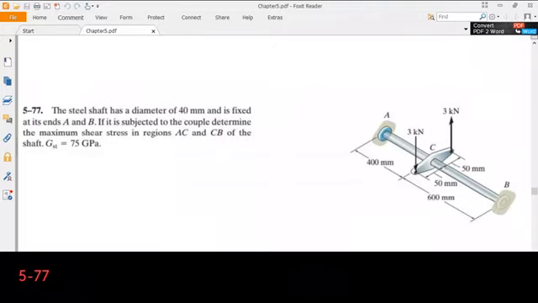Then we have this distance 600 millimeters. We will call it LB. Then we have the distance of the force to the axis of rotation, so this 50 millimeters distance, we will call it D.